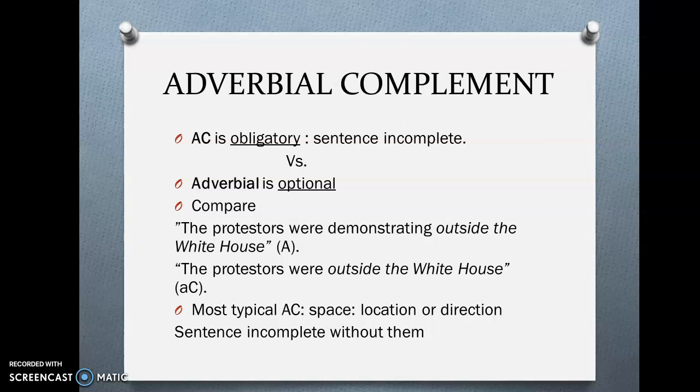So if I remove "outside the White House" in the first example, the sentence doesn't feel incomplete. It makes perfect sense. But if I remove "outside the house" in the second example, then the sentence feels incomplete. There is something missing there. We can't make sense of "the protesters were." Most typical adverbial complements indicate space, location, or direction.